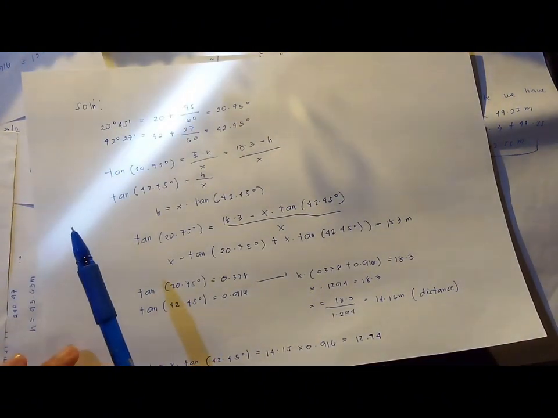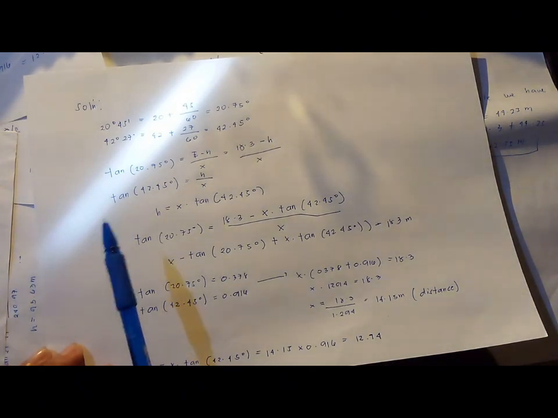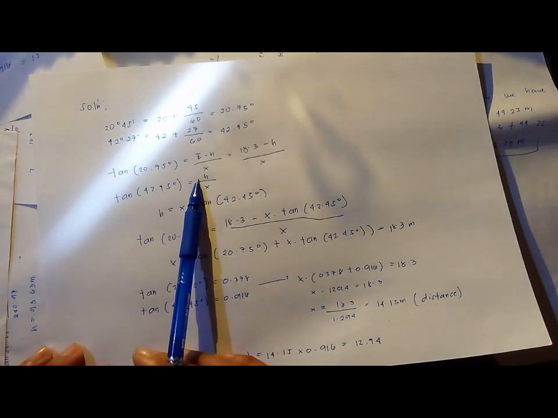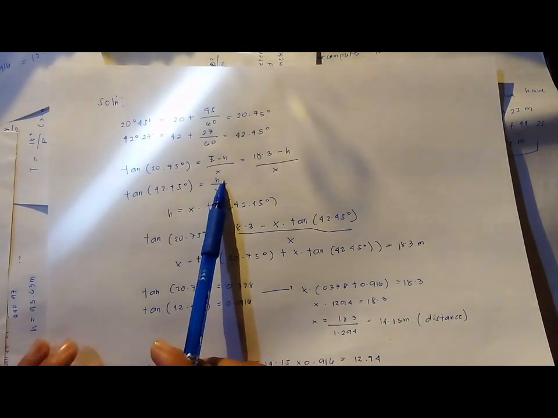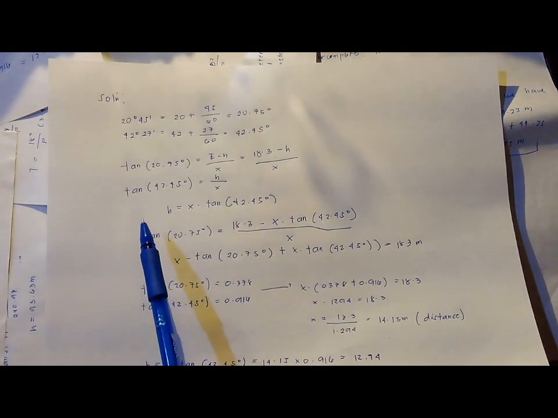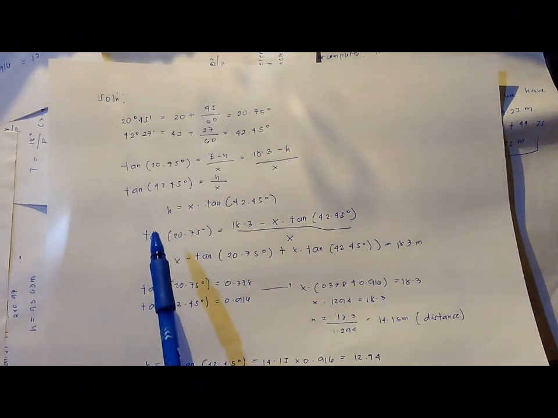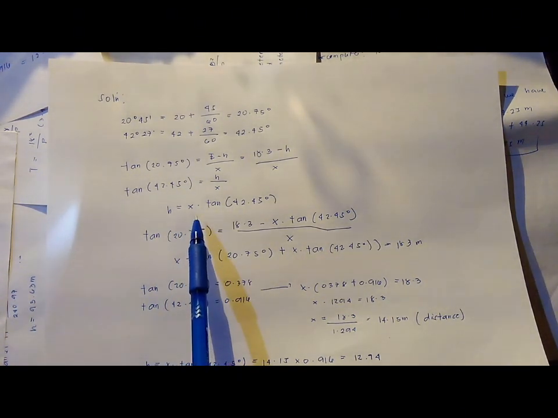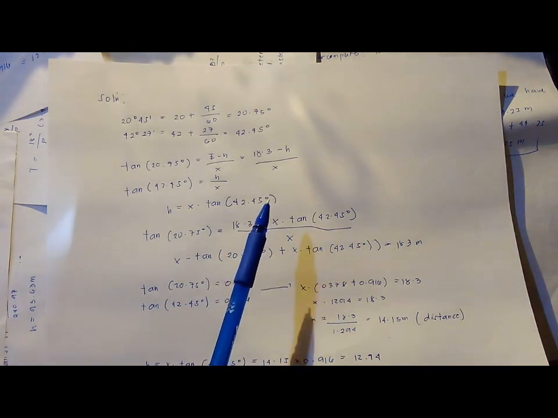From the top of the tower, for the angle of depression, we have tan 20.75 degrees equals 18.3 minus H over X. Then tan 42.45 degrees equals H over X. So H equals X multiplied by tan 42.45 degrees.